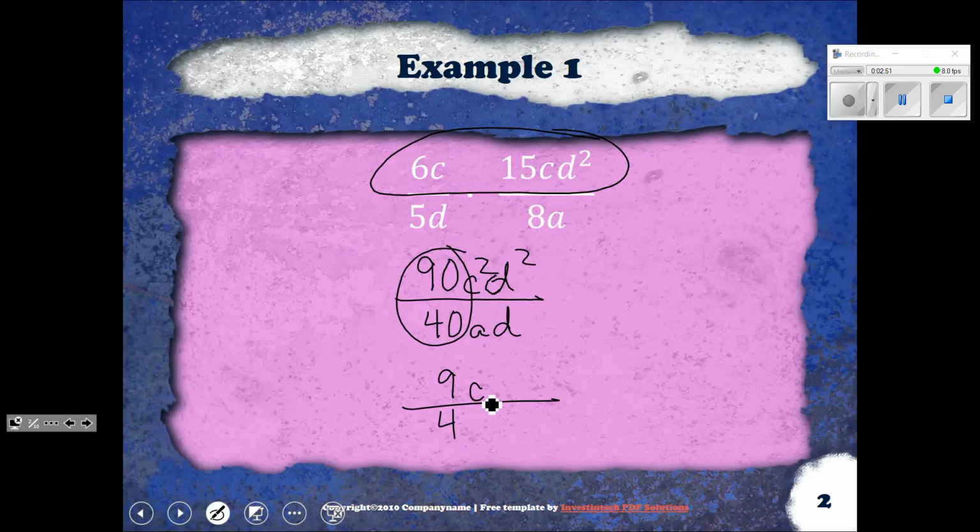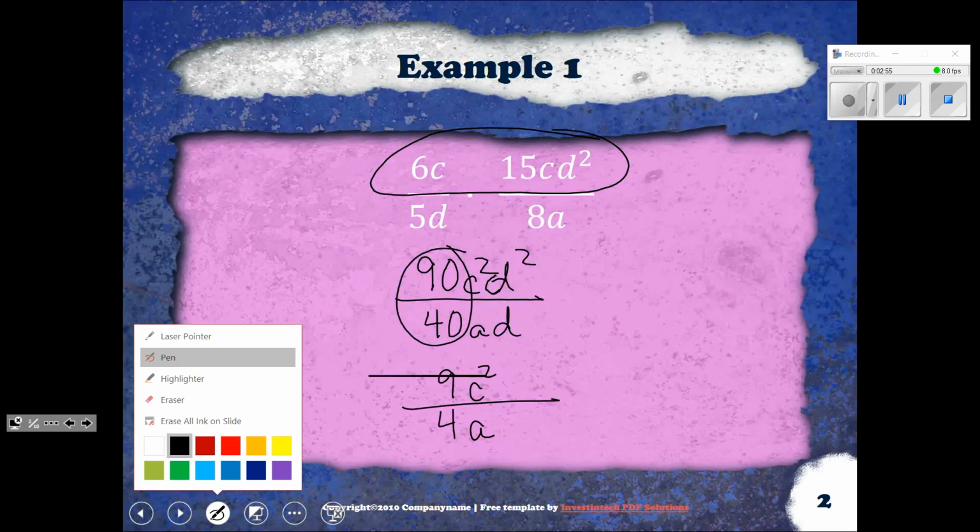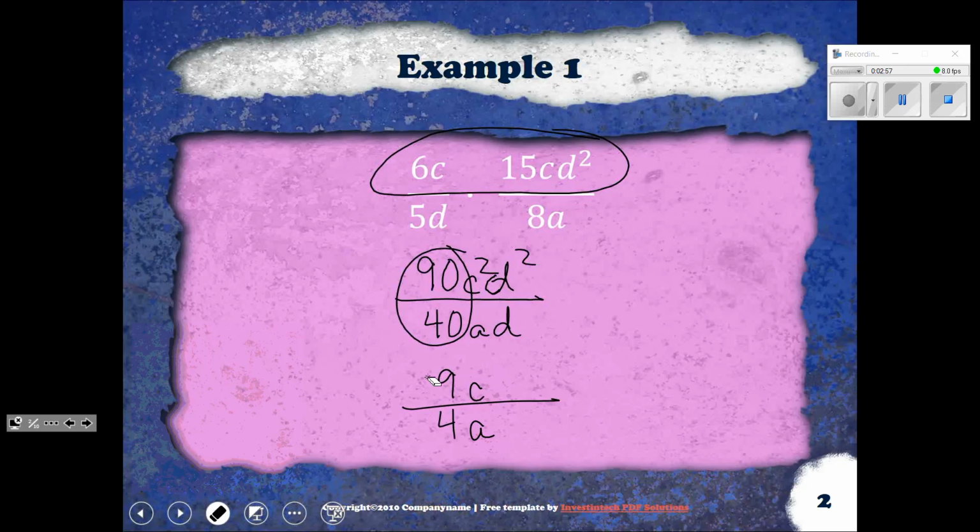So I'm just going to leave a C squared. And I'm going to leave an A in the denominator. How about my D's? Both of them? You can take one away from each. So if you take one away from here, that's gone. If you take one away from the numerator, you're left with 1 in the numerator. Okay? And there's your final answer.